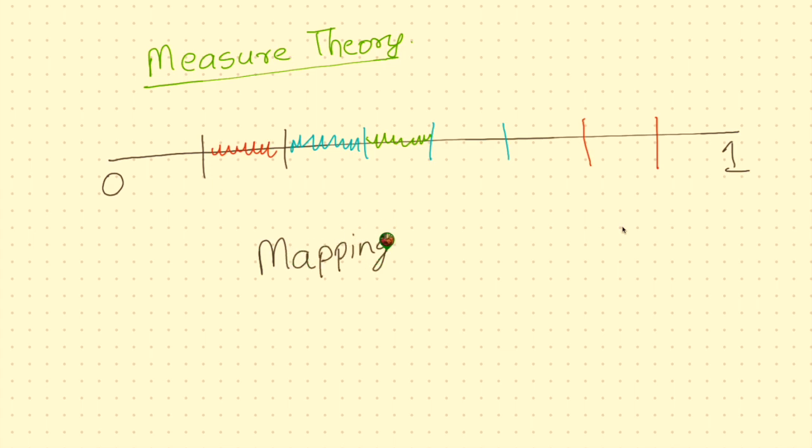And second, once you map, you can calculate any kind of probabilities. So then this becomes easier because once you have mapped any event to these lines, then probability is just measuring the length of that interval.